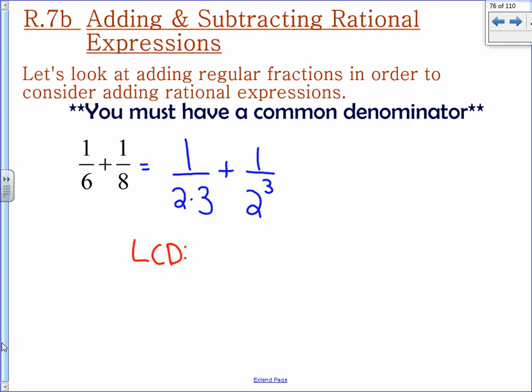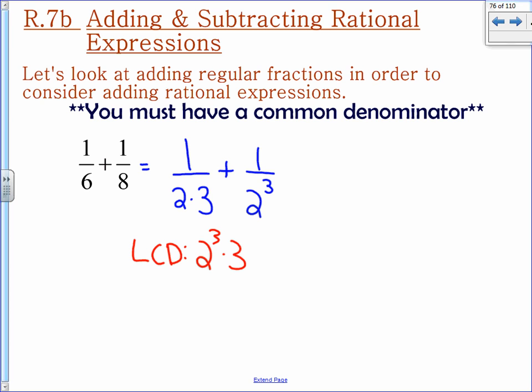It has to contain 2 to the highest power that it is listed, and 3 to the highest power that it is listed. You have to go to the highest power that it is listed, or else you won't contain the 8, and you won't contain anything else that's there. So you go to the highest power of each factor.